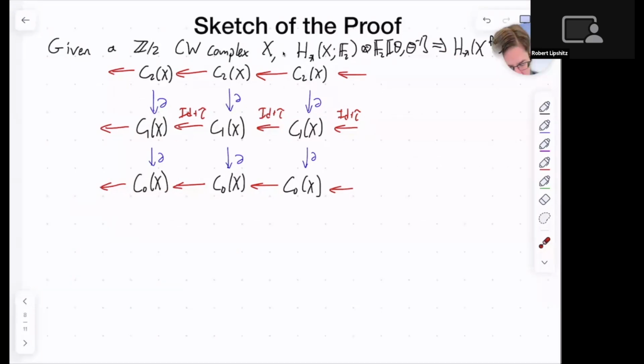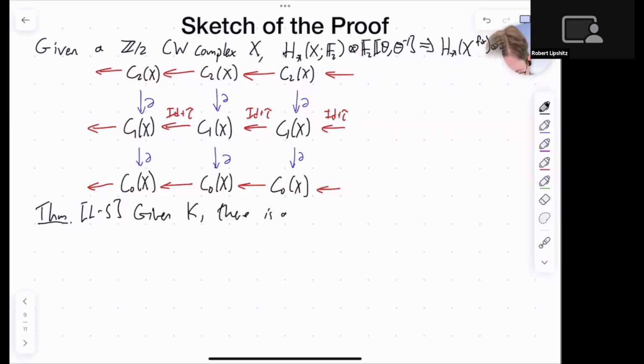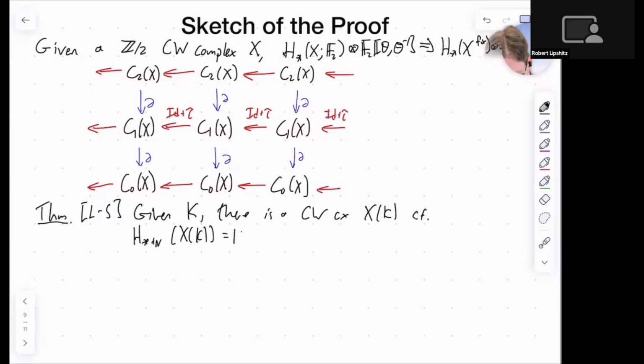Left on that cube in case it's useful. So then to apply this to Khovanov homology, fortunately there's a result that given a knot K, there's a natural CW complex X of K, such that the homology of X of K is the Khovanov homology of K up to a grading shift.